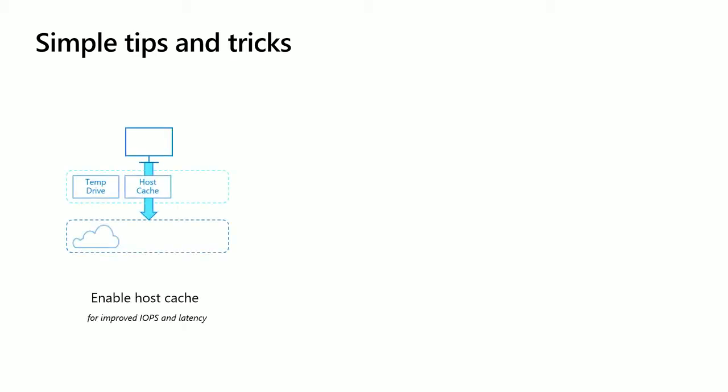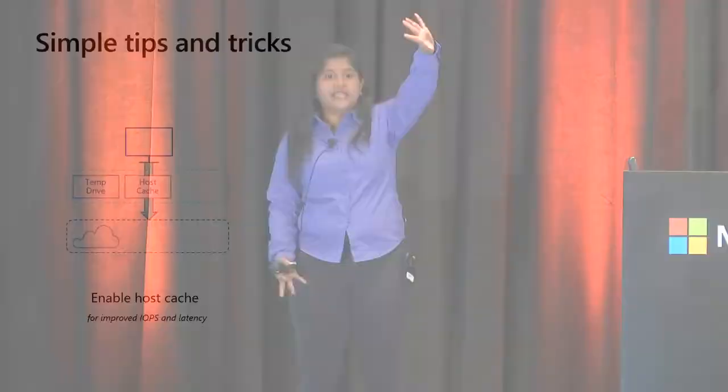Now, some simple tips and tricks after you've picked your disk types are the following. First, we have this extremely unique capability on Azure, which is called the host cache. What the host cache does is it exposes some of the SSD that is inside the Azure host to the application in the form of a read cache.